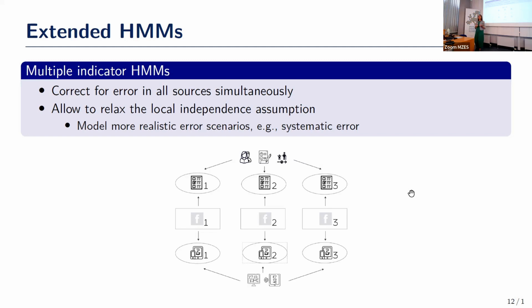Of course, we can think of issues with that as well. Maybe people who are more privacy concerned both answer less accurately in the survey and don't allow all of their devices tracked. But then we would have to add a third indicator to be able to model some relationships between 2 of the 3 indicators. But for now, we just assume that the errors in those 2 are independent.